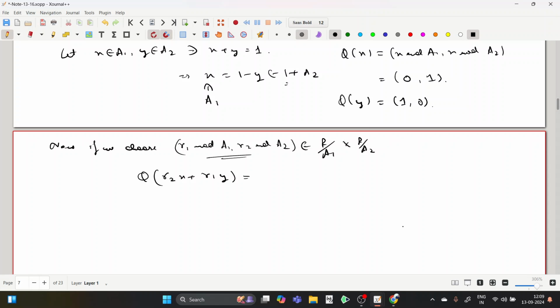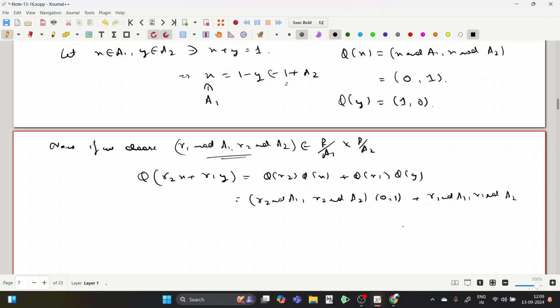Now phi is a homomorphism, right? Phi is a ring homomorphism precisely. So it distributes under multiplication and addition. So this is basically phi of r2 times phi of x plus phi of r1 times phi of y. But phi of r2 by definition is (r2 mod a1, r2 mod a2) times (0, 1), plus (r1 mod a1, r1 mod a2) times (1, 0).